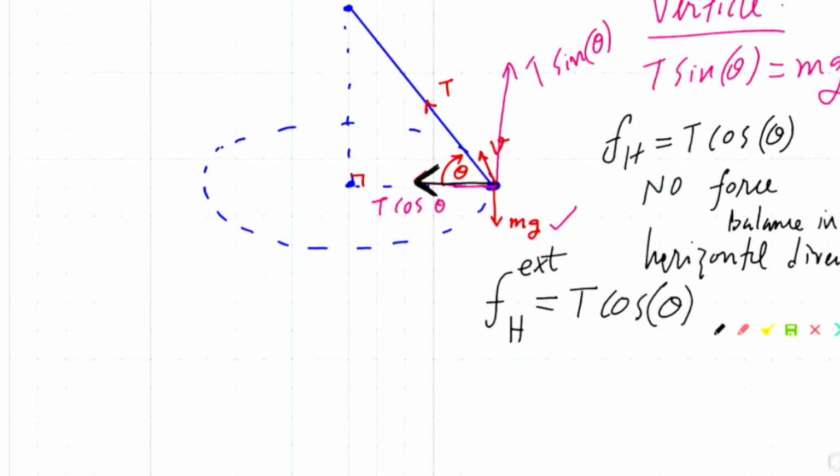All good. Now, if you have an external force, what will happen?